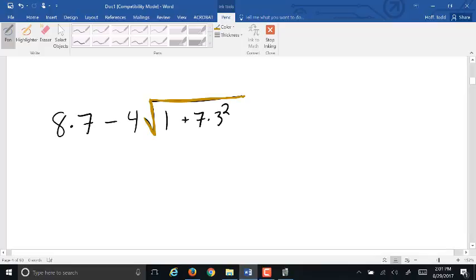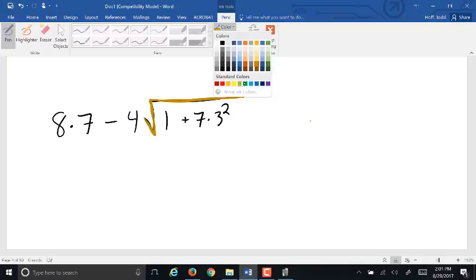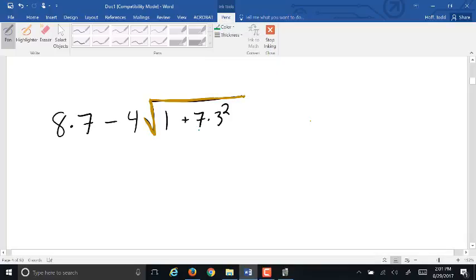It separates what's inside of it from what's outside of it. So we have to start inside of it. Now inside of it, there's no other enclosing symbols, but there is another exponent, the 3 squared, which is 3 times 3 is 9. So we replace that with 9.